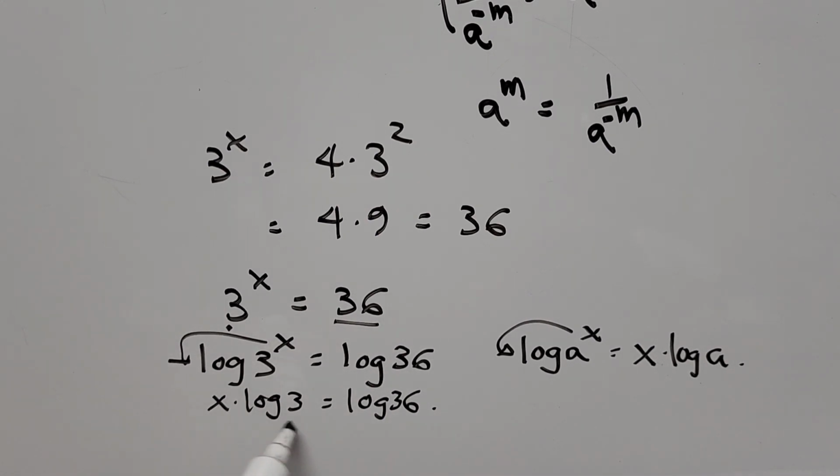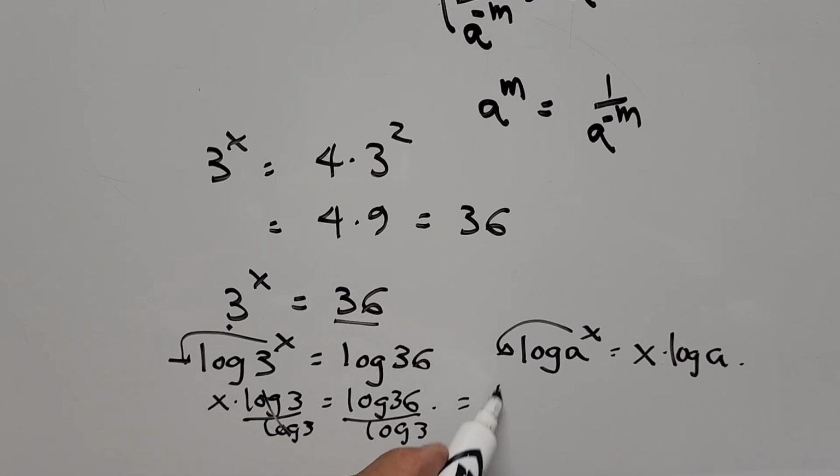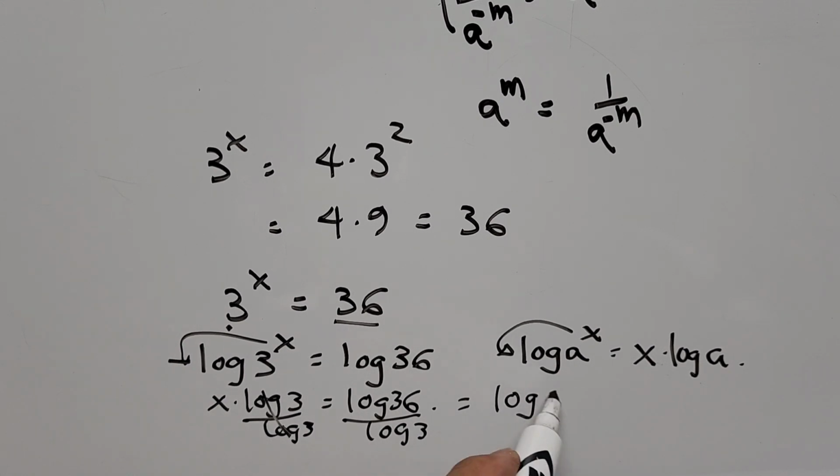Solving for x, divide both sides by log of 3. So this cancels. This is now equal to log 36 divided by log of 3, or this can be written the same way as log of 36 base 3. So this is the value of x.